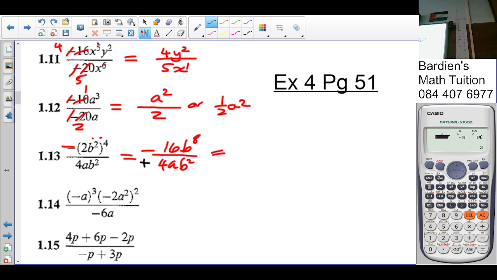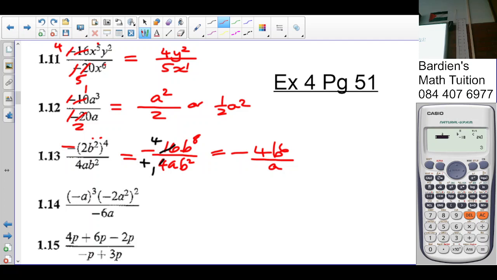Negative divided by positive is negative. 4 goes into 4 once, 4 goes into 16, 4 times. So it's 4. Where's the more b's? On top. So it's b to the 6. Is there any a's on top? No, so it goes to the bottom. So it's negative 4b to the 6 over a.